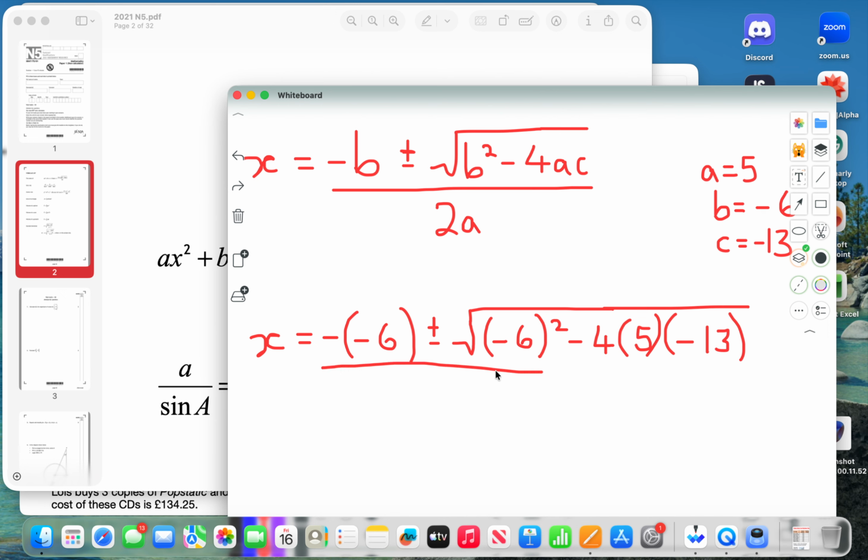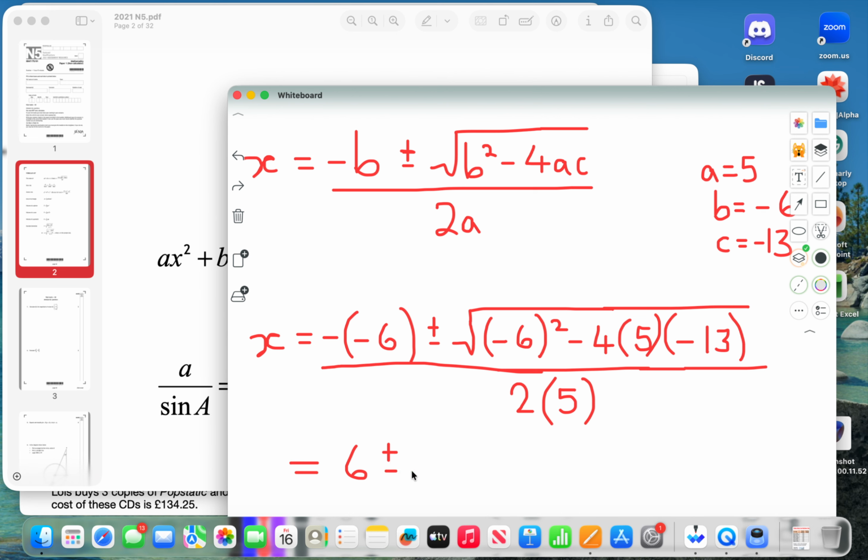Make sure this line separating the fraction goes across the entire numerator. So we've substituted in, and you do have to be careful with both your BODMAS and your positives and negatives. So 2 negatives make positive.